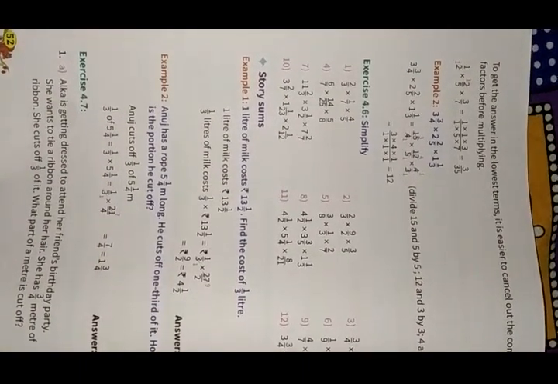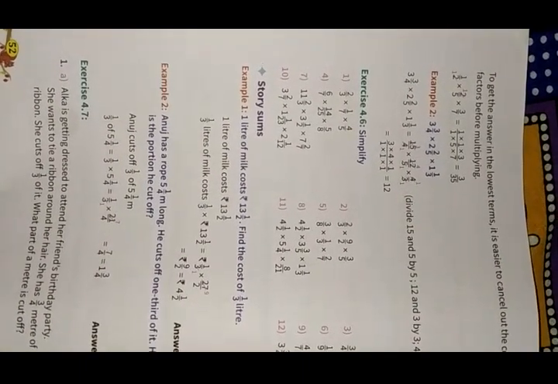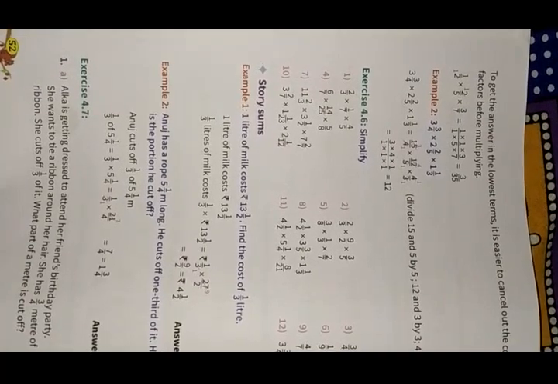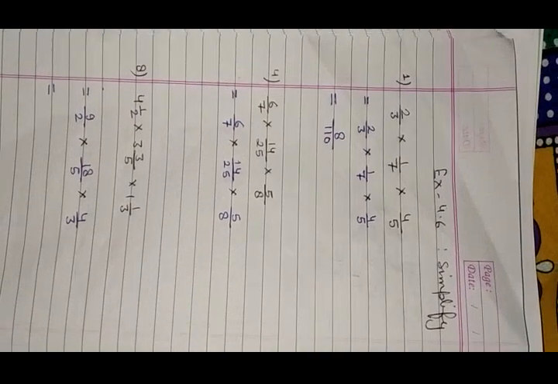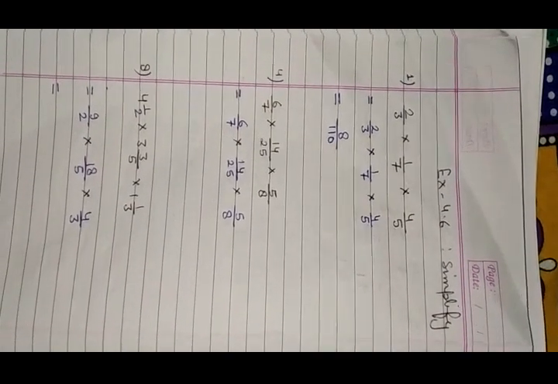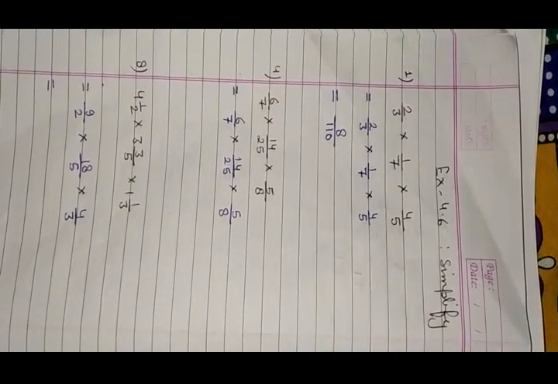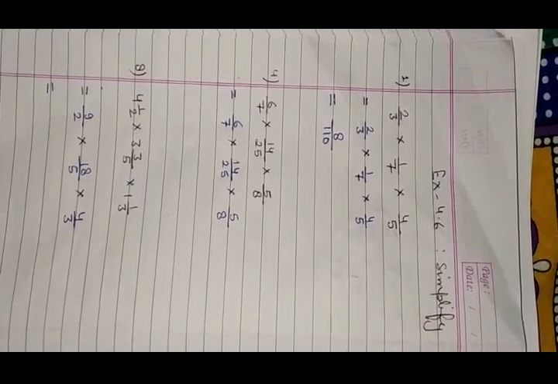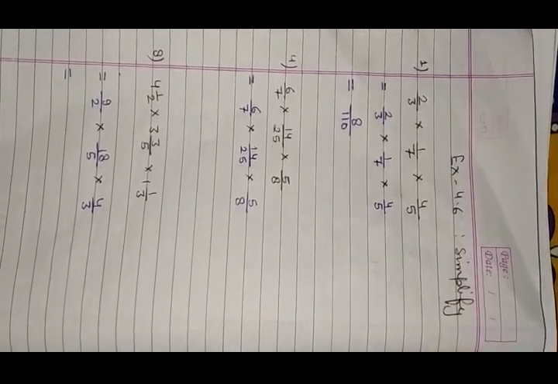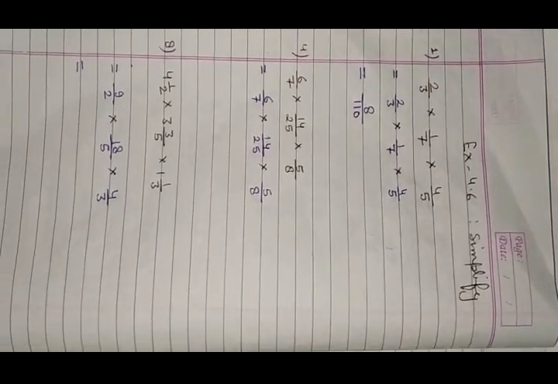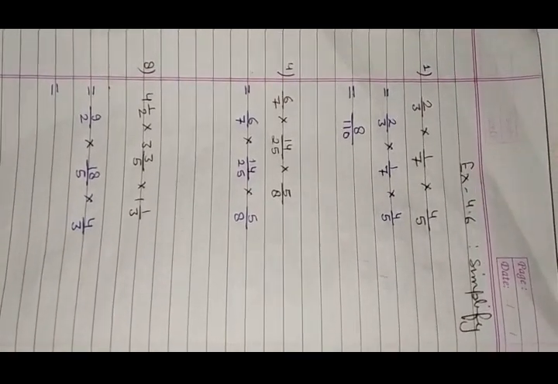Simplify. First question, 2 by 3 into 1 by 7 into 4 by 5. Now there are 3 fractions with multiplication. Numerators of these fractions are 2, 1 and 4 and denominators are 3, 7 and 5. In numerator and denominator there is no common factor.